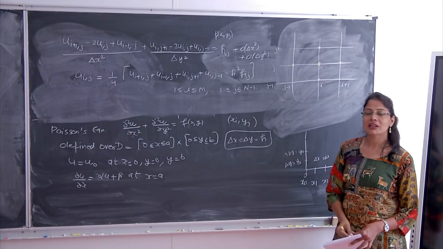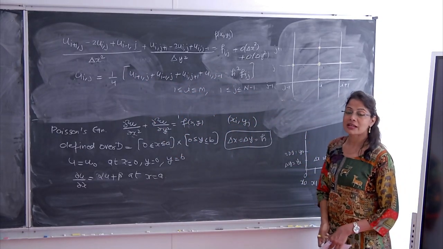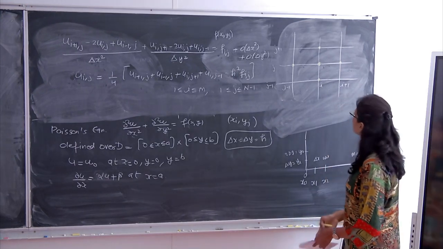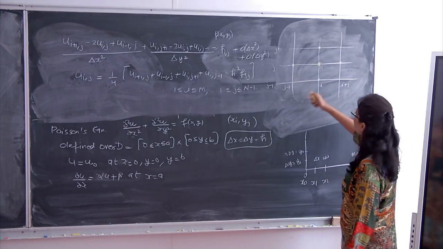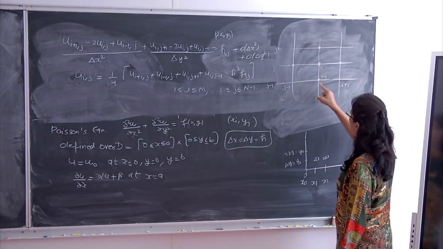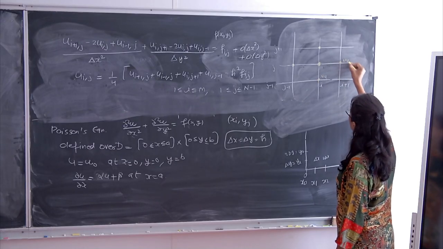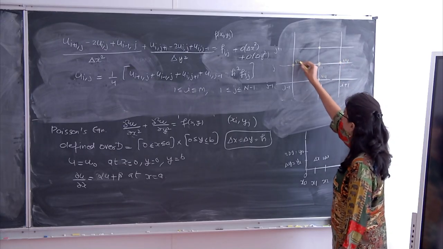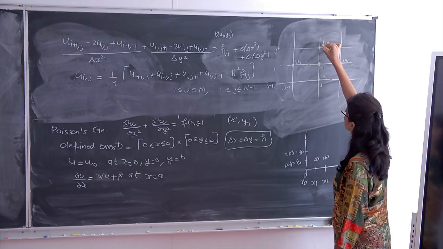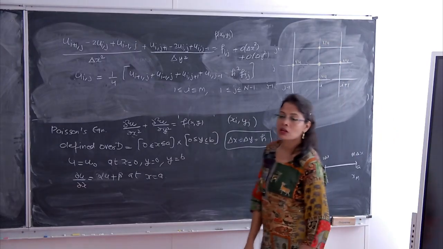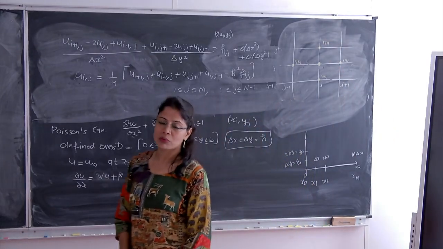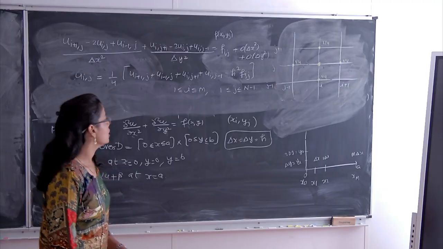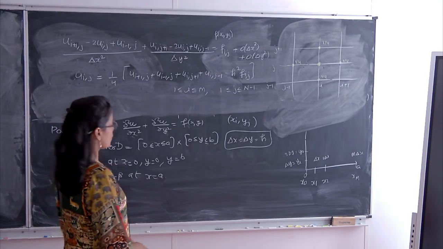That formula is called the standard 5-point formula. u_ij is 1 by 4 times of this point, 1 by 4 times of this point, 1 by 4 times of this, 1 by 4 times of this point. So this is our standard 5-point formula which we can apply here and we can find out the value of u_ij.